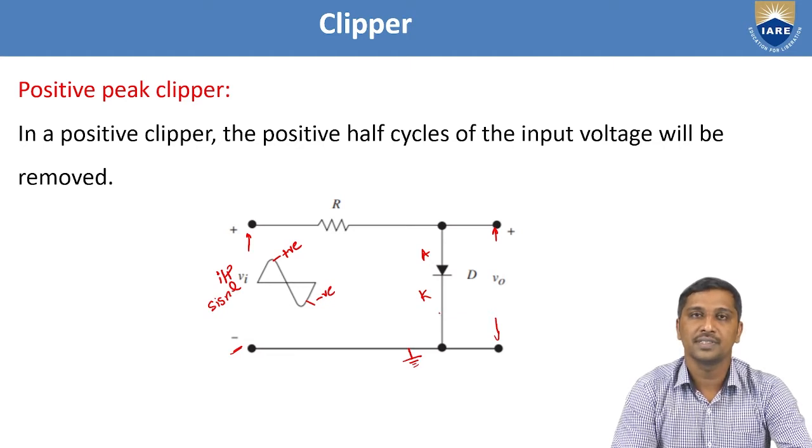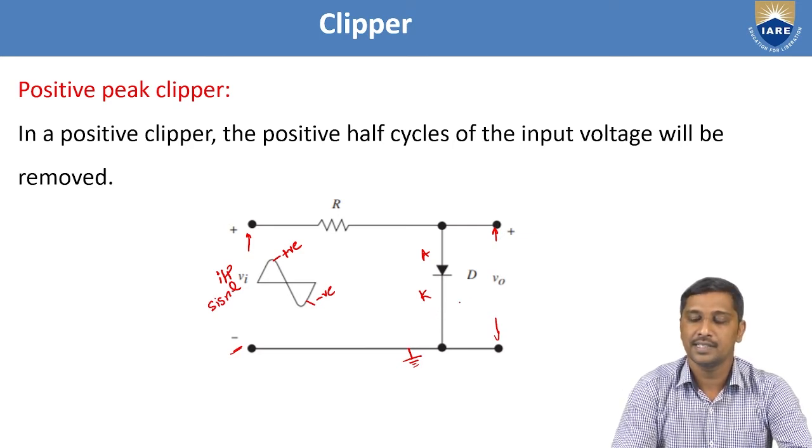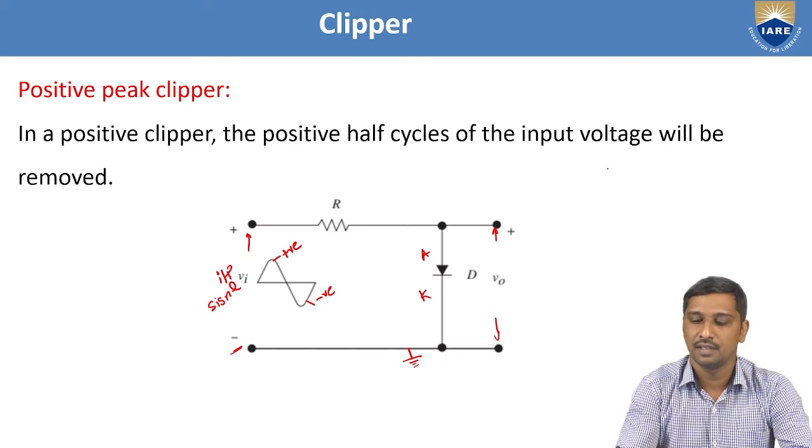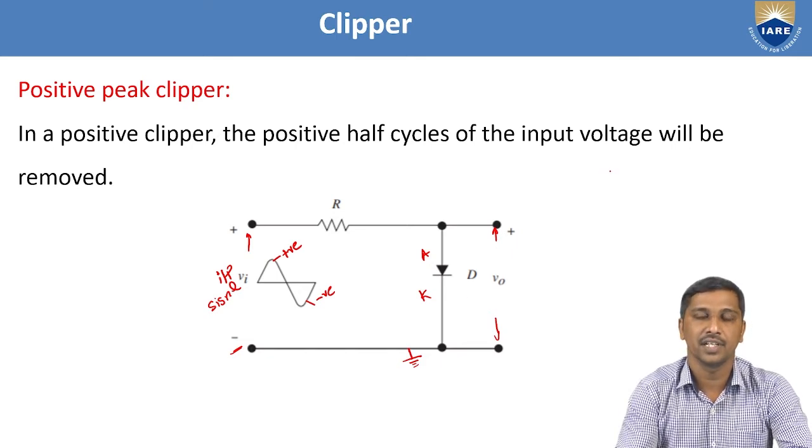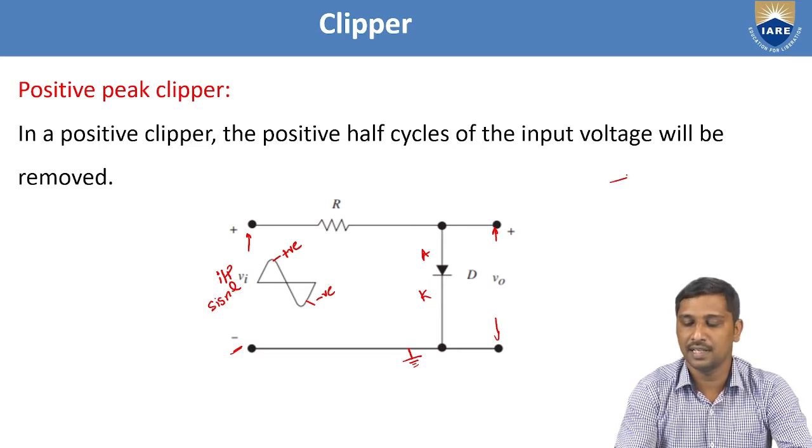Before analyzing this circuit operation, first I am going to recall the diode operation. We know that a PN junction diode contains two terminals, anode as well as cathode. This is the symbolic representation of the PN junction diode, with the anode and the cathode.